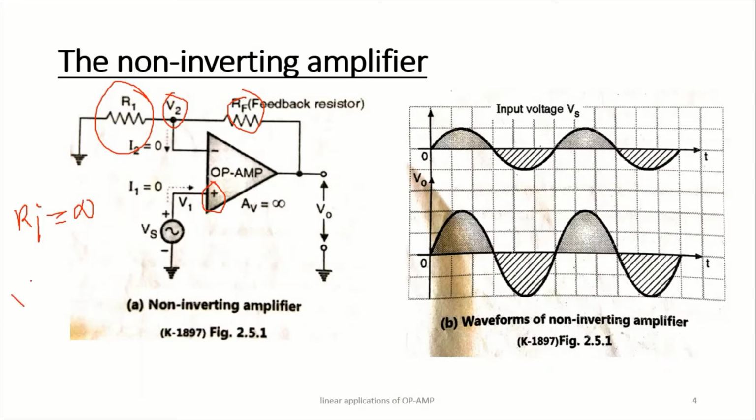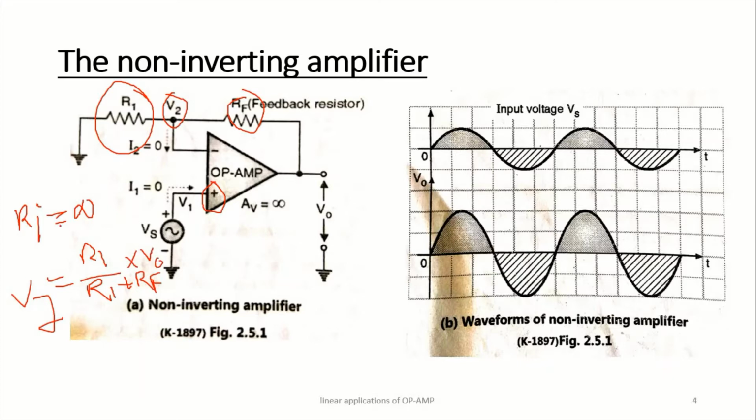V2 is equal to R1, the voltage across R1, divided by the total resistance, which is the summation of R1 plus RF. So R1 divided by R1 plus RF into the total output voltage, which is V0.